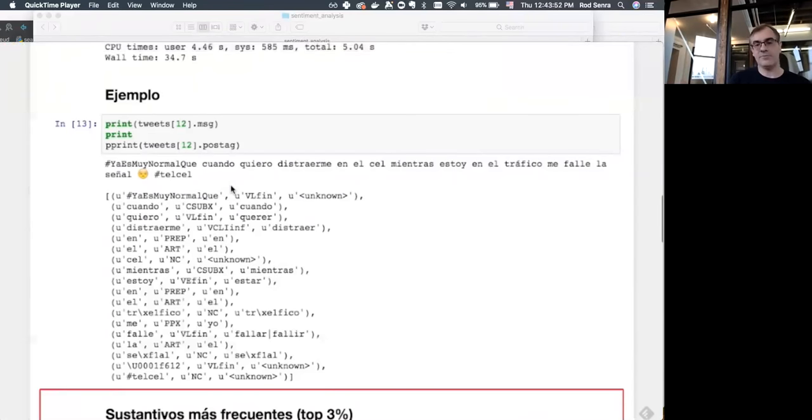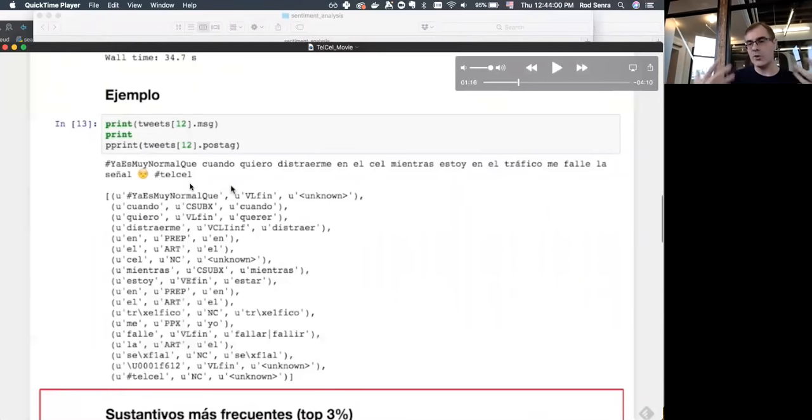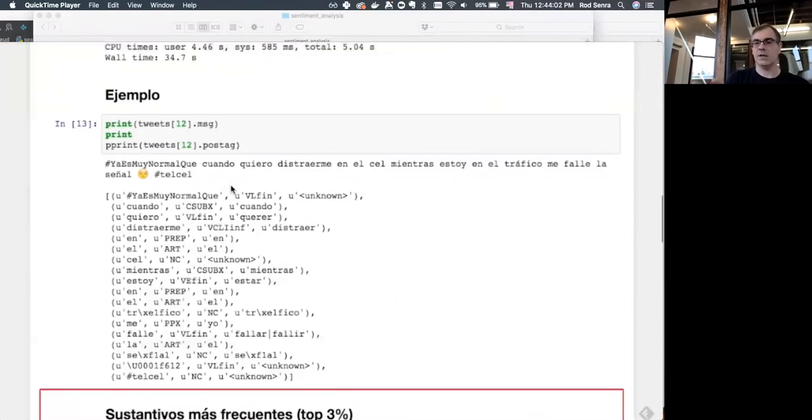I'm supposed to use my cell phone to have fun, and I cannot because there's no signal. So we humans reading this, provided that we know the language, it's not hard to understand what the topic is. So the topic is lack of signal from the company.